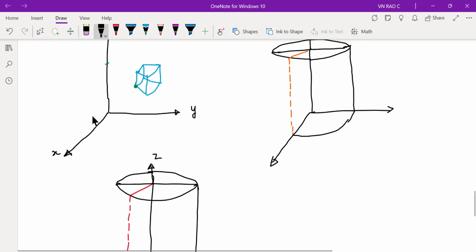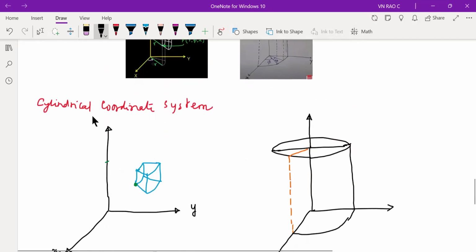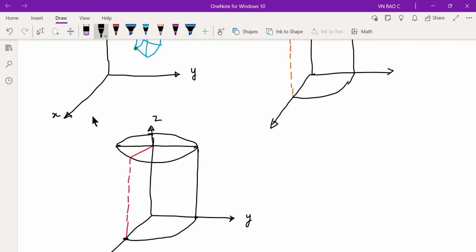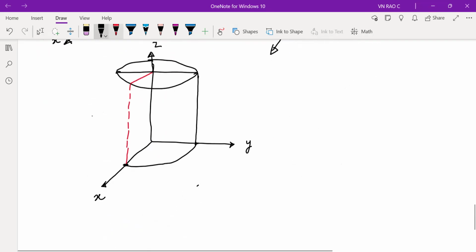Now next, what we want to see is, suppose I come to this place and draw a line like this. If you see the cylinder, this is like a radius.